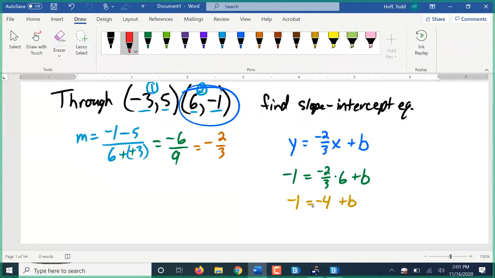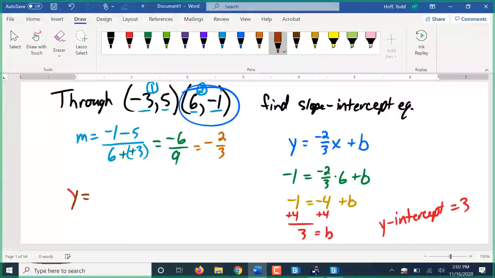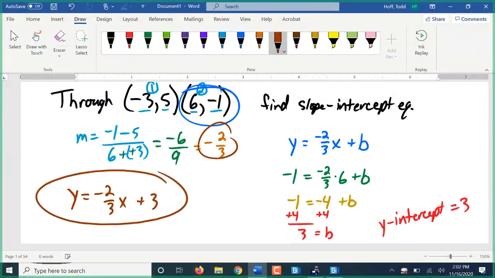And then I solve for b by adding 4. -1 plus 4 is 3, so 3 equals b. Telling us our y-intercept is 3. And our equation, y equals the slope of -2/3 times x plus our y-intercept of +3. So there's our equation in slope-intercept form.